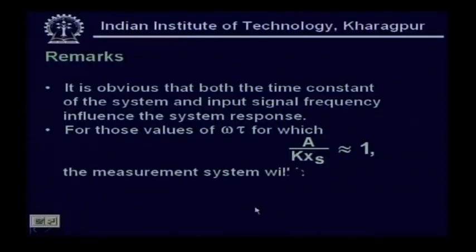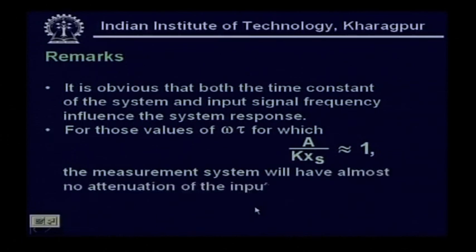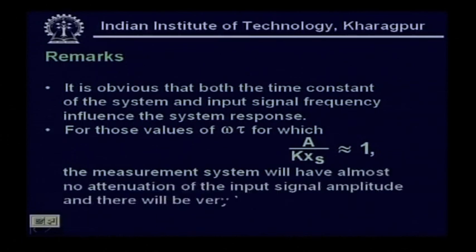For those values of omega tau for which A by k x s is almost equal to 1, the measurement system will have almost no attenuation of the input signal amplitude, and there will be very little time delay. That is what we always want.